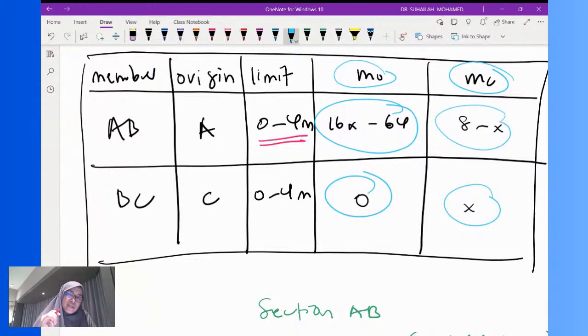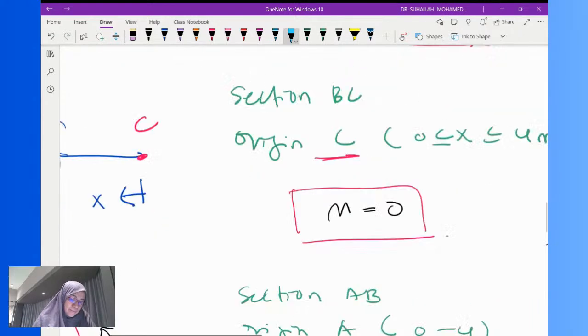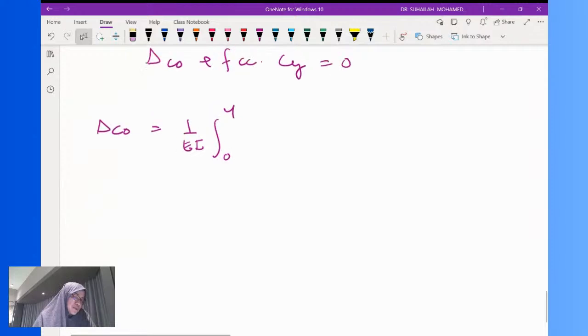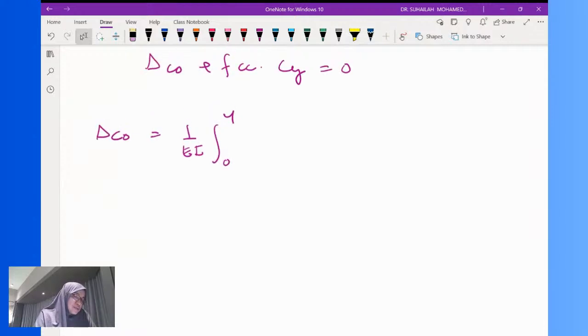So we have to integrate these two moment equations: 8 minus X and 16X minus 64 dx, only for delta C naught, because this is for AB and BC is equivalent to 0.